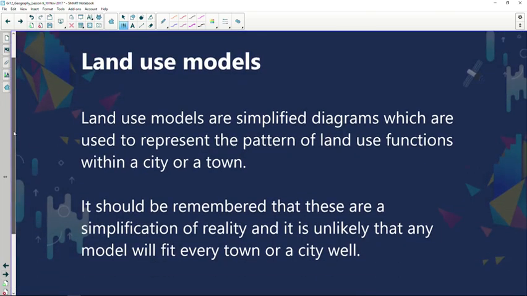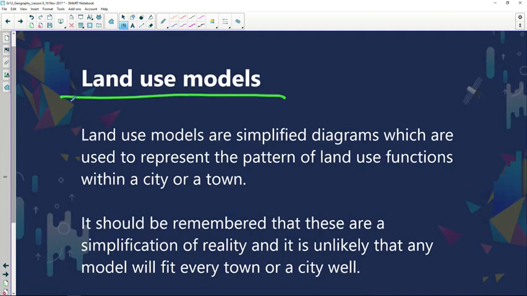Now, our next topic that we're going to have a look at is our land use models. Unfortunately, these land use models were based on our urban areas a long time ago. And over time, these land use models have changed shape because of the influx of rural-urban migration and because of how people use the land in the urban areas.